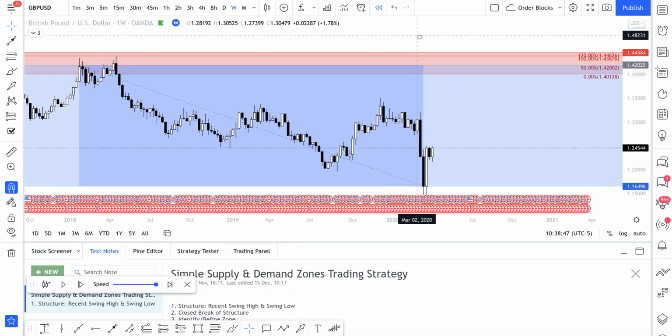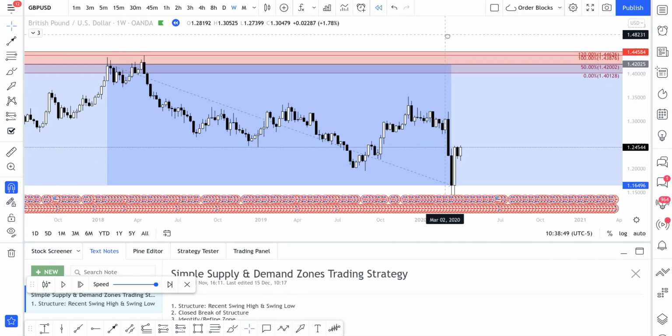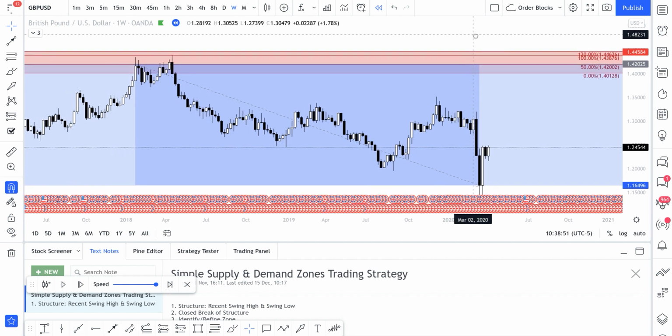Again, the banks are targeting liquidity. Liquidity is just liquid cash for the banks. The banks know that as retail traders, we're taught to put our stop losses below swing lows and above swing highs, and those are taken out all the time.